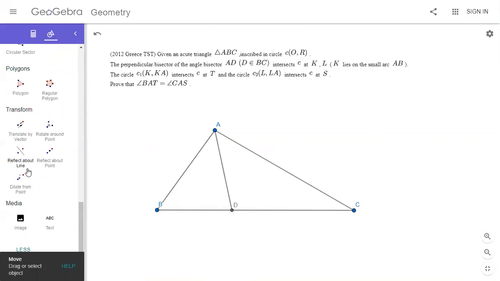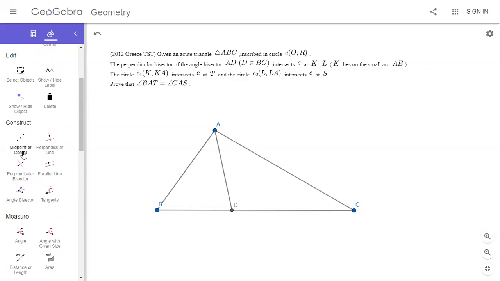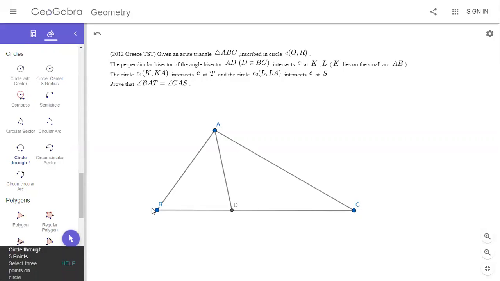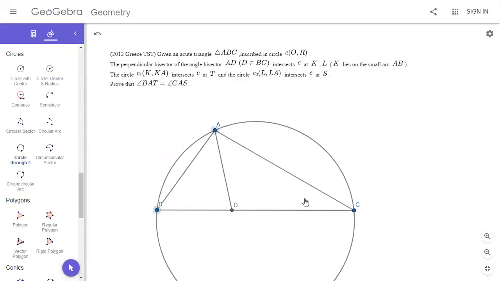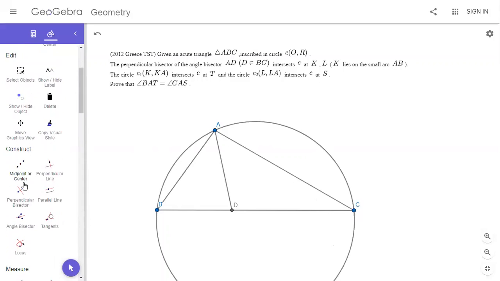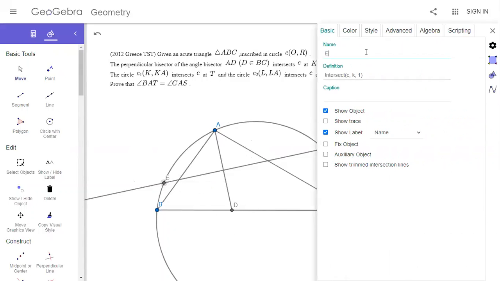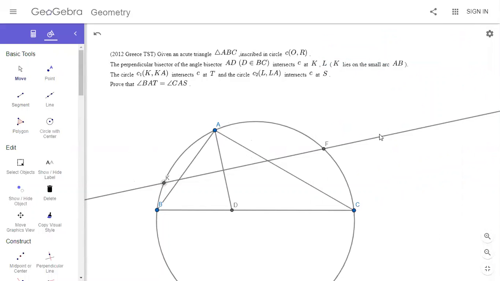Oh, we want to draw the circumcircle too. This looks very familiar. I feel like there's maybe a YouTube video I did where I did the perpendicular bisector of AB. So this is K. K lies on the arc AB. L lies on the arc AC.